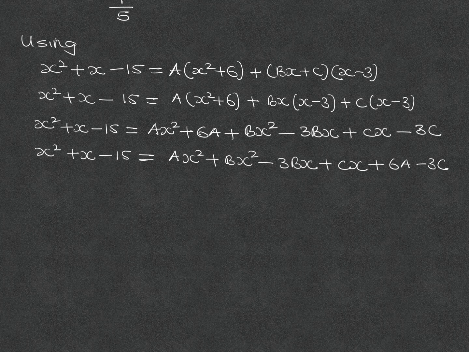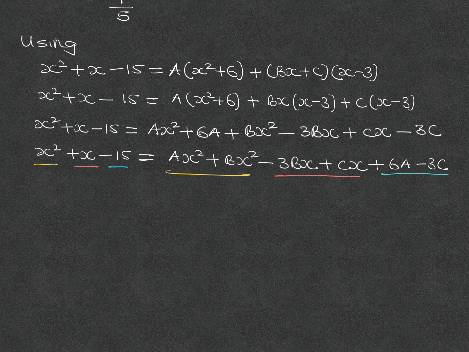The terms that have x will match with the terms that have x, and the constant number will match with the terms that do not have either x squared or x. So let's show that. Okay, so x squared will be compared with this. x will be compared with minus 3bx plus cx, and minus 15 will be compared with this.